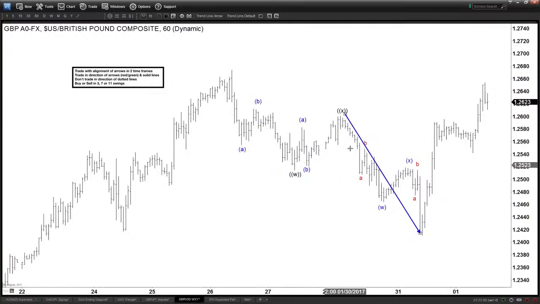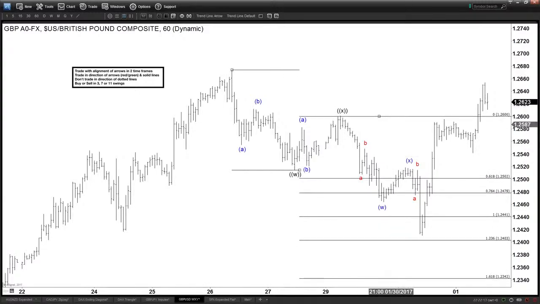And look at the Fibonacci relationship. Very simple. This is a correction, so it's around 50%, 61.8% of this W here. And then the Y should be about 100% of the W. So you notice here it ends between 100% and 123.6%, the Y.